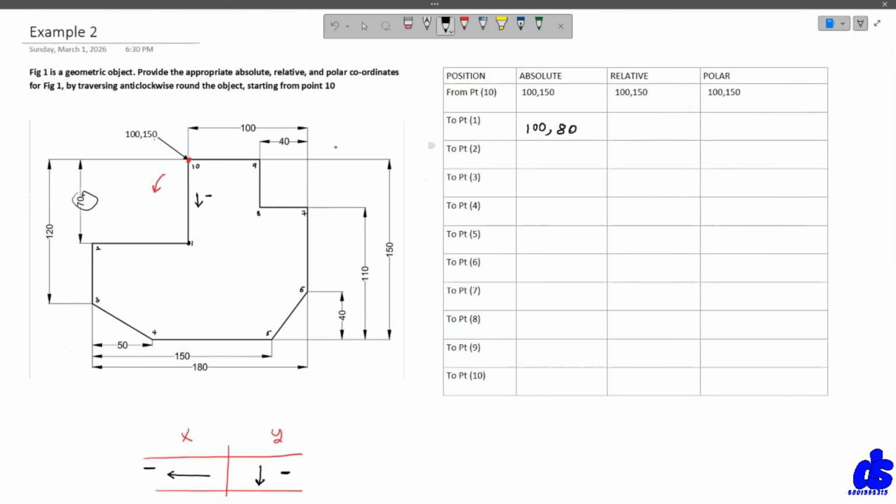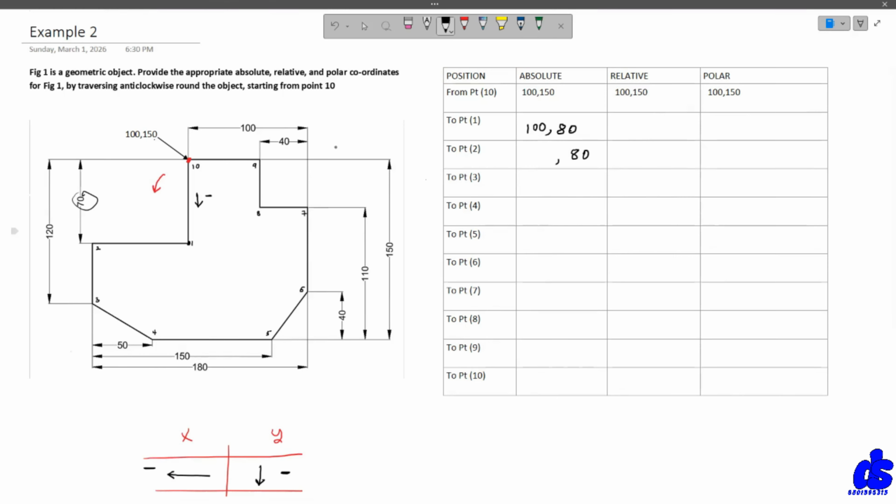All right, so let's go on to point 2. For point 2, there is no change in y. It's on the same axis as y, but then there's a change in x, meaning the x value will change, but the y value will be the same as the previous. So you can go ahead and write the y value because it's on the same line.